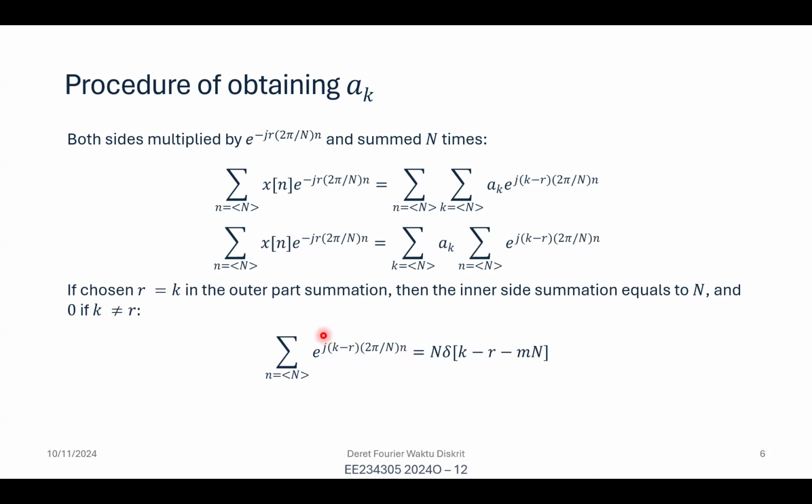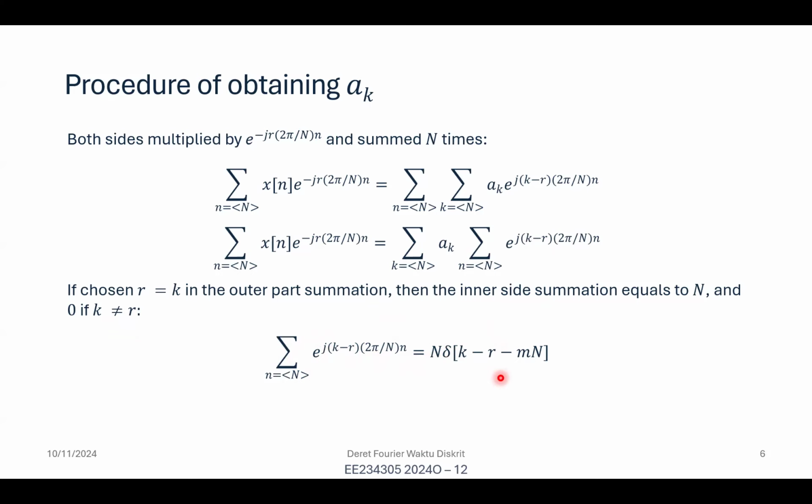So this summation, e to the power of j times k minus r times 2 pi over N times n, becomes N times delta of k minus r minus mN.